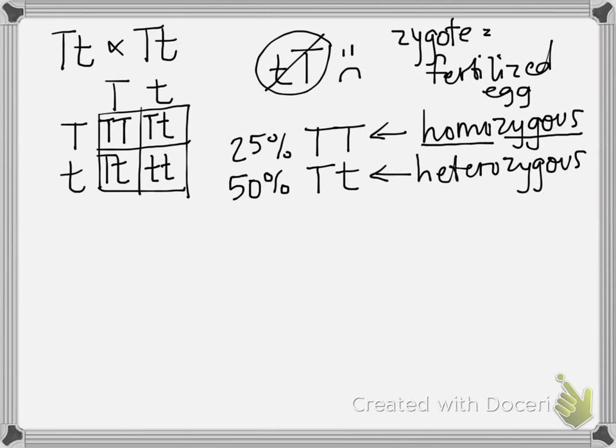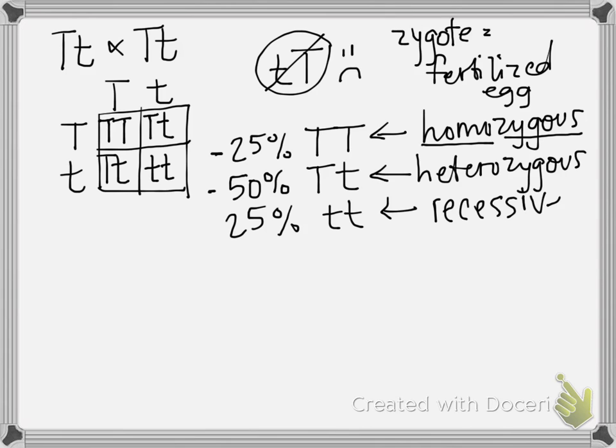Okay, so back to the Punnett square. 25% then are homozygous dominant, 50% heterozygous, and then 25% are the recessive. Okay, and the recessive one is also homozygous, but you're not often going to hear anyone say homozygous recessive, because there's only one choice. If you have a recessive genotype, it has to be the little t.